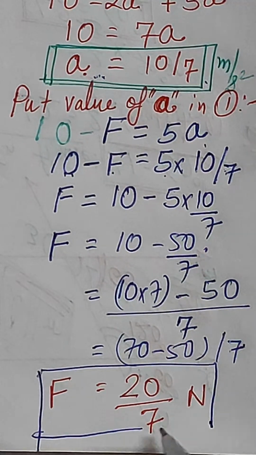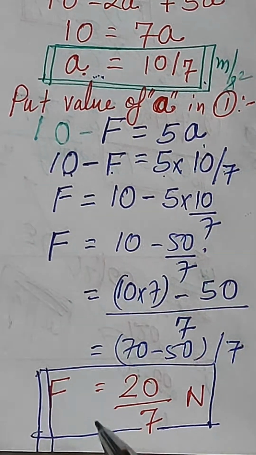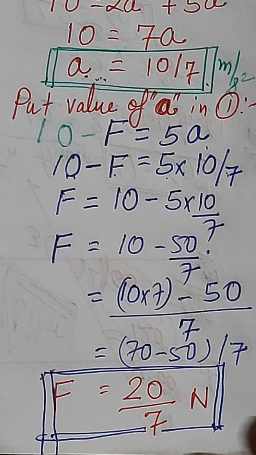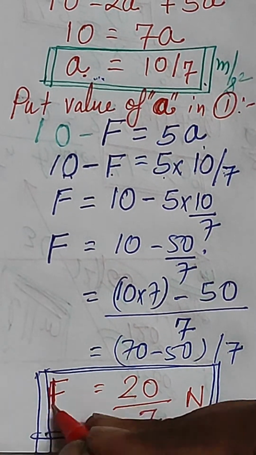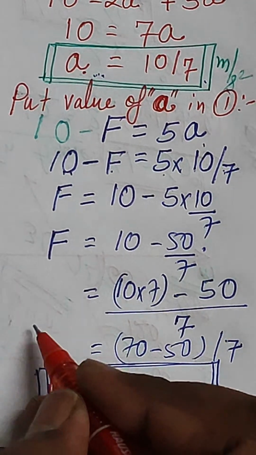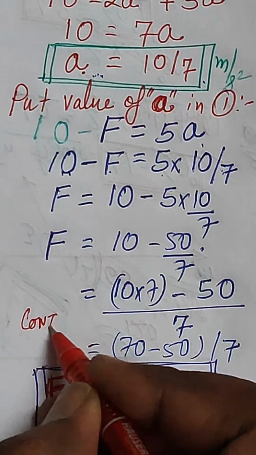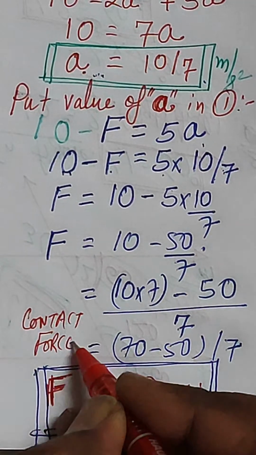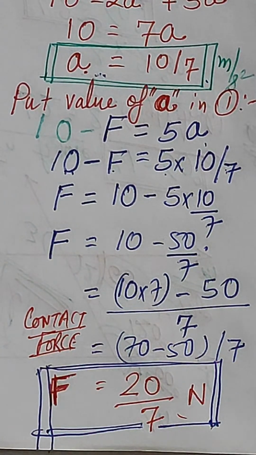F is 20 by 7, right? The value of F is calculated as 20 by 7 Newton, and this is the contact force between the masses, right?